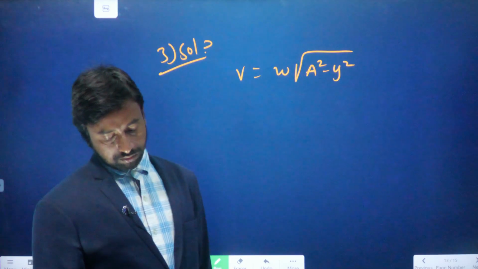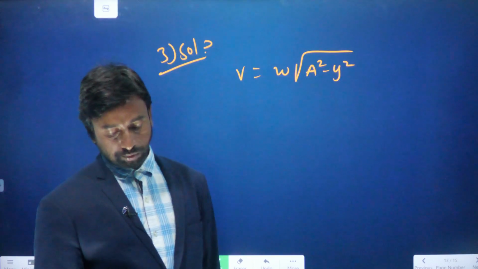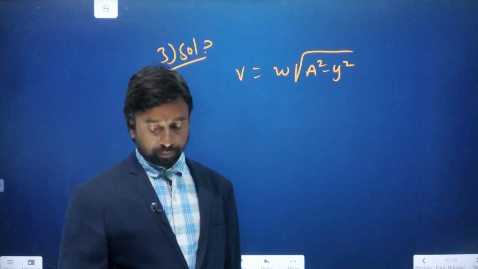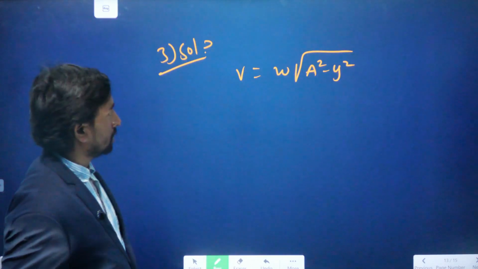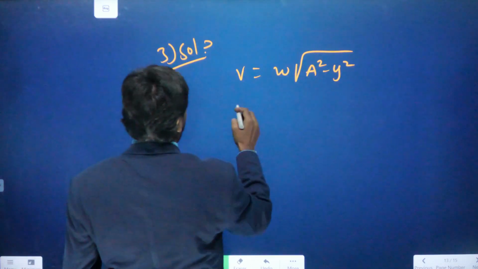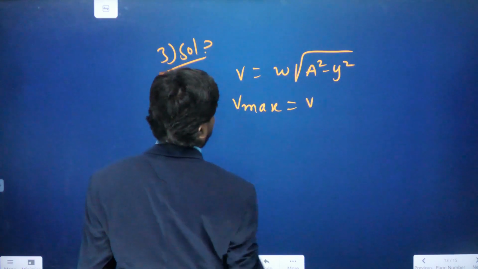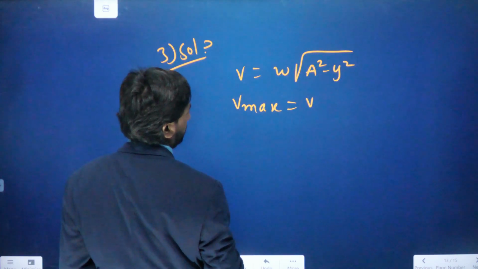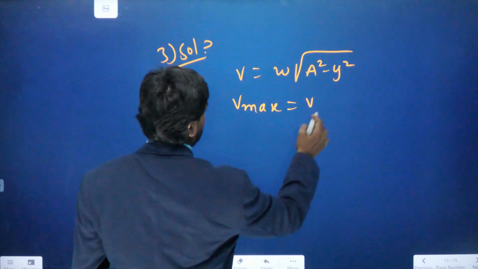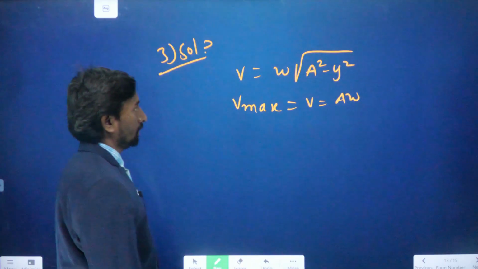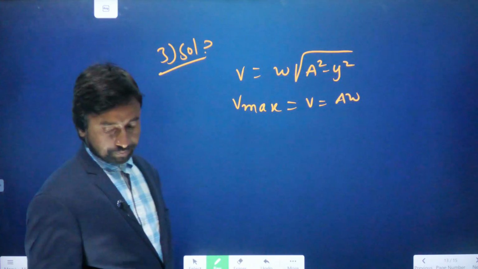At the mean position, y is equal to 0, so this is V maximum, which is given as V, and this is nothing but A omega.